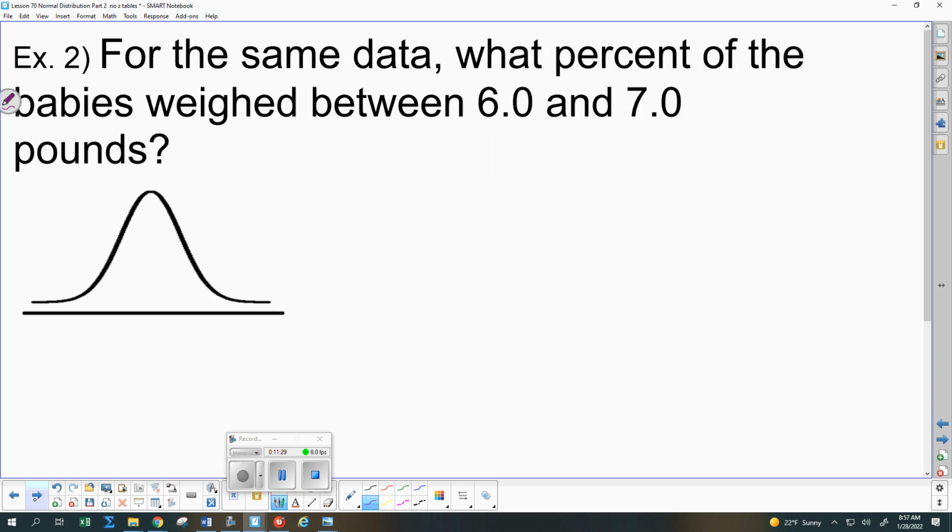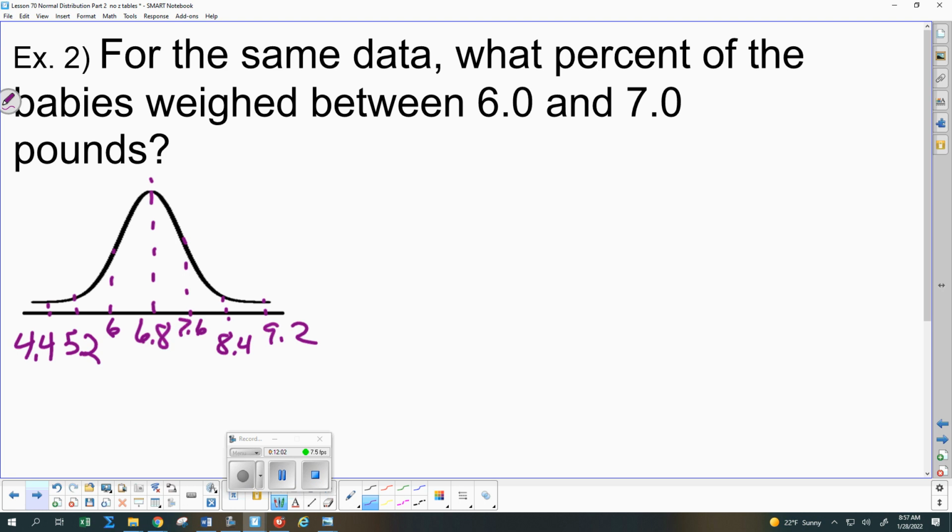Same data, so you probably are going to want to redraw a little curve on the back or whatever because of the shading. Even though the numbers are the same, it's kind of hard to tell your shading if you use the same curve over and over. So we still have the 6.8 in the middle. We still have 7.6, 8.4, 9.2, 6, 5.2, and 4.4.